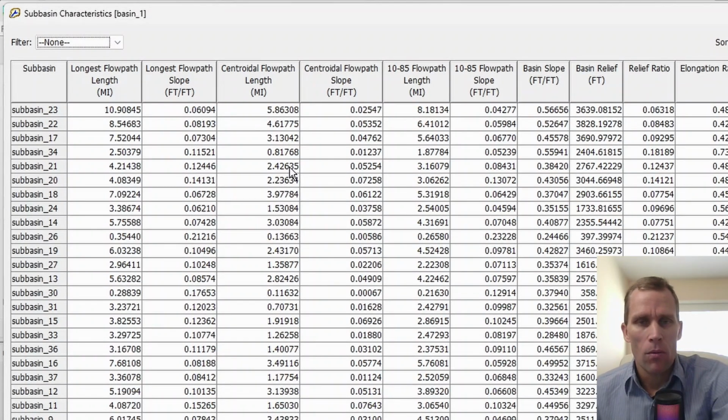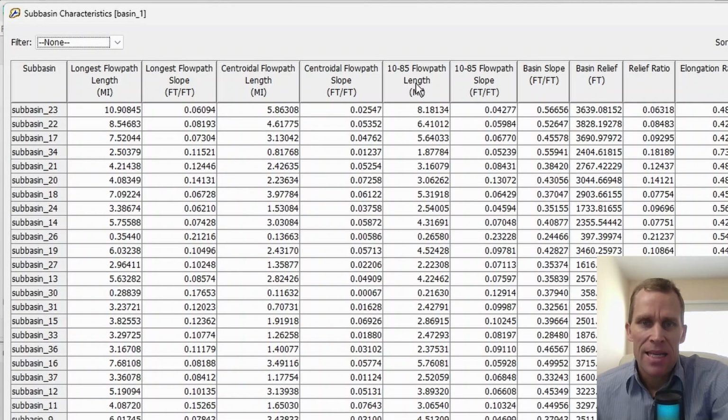So, why anyone would want to know that, I'm sure there's a good reason for it, but I can't provide an explanation. It's probably going to be close to half of the longest flow path, or maybe 40% or 60%, somewhere around that. But it depends on the shape of the longest flow path and, of course, the shape of the subbasin. And then we have the slope of that centroidal flow path.